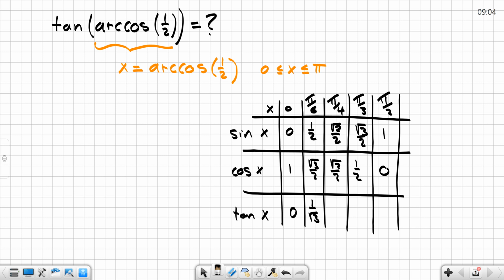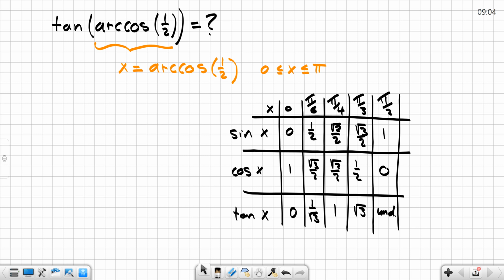The square root of 2 over 2 divided by itself will give us 1. The square root of 3 over 2 divided by 1/2 is just the square root of 3. And as always, tangent of pi over 2 does not exist.